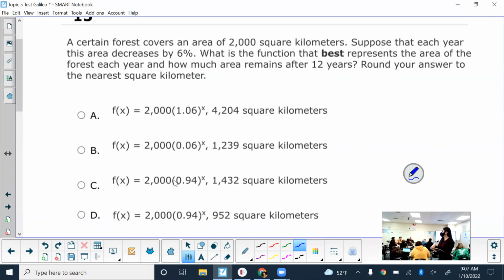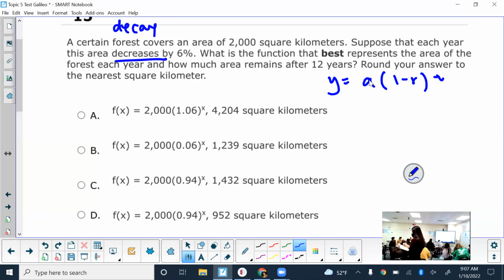Yes. There's 2 options though. So is it going to be the one with the plus sign or the one with the minus sign? Since it's decreasing, we use the one for decay. This is a decay problem since it's decreasing. So use the one with the minus sign. That'll be your model.